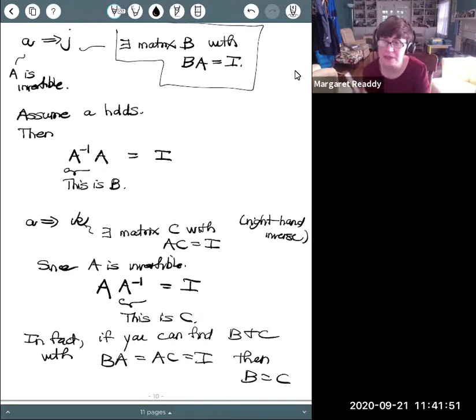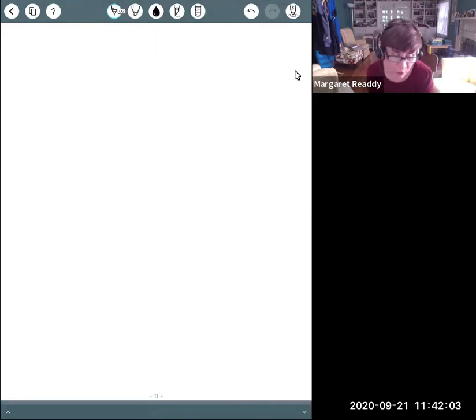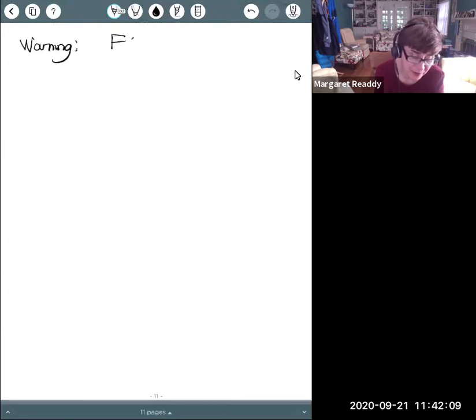This is actually pretty important. If you have a square matrix and you have a left inverse and you have a right inverse, it turns out they're the same. And I should just say a big warning: this is very false for rectangular matrices in general. I should say non-square matrices.